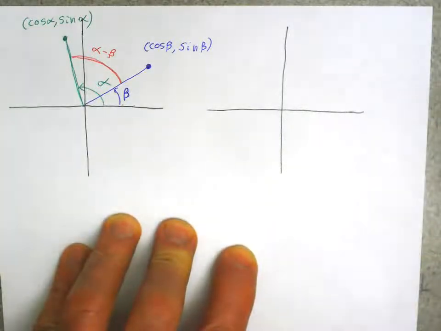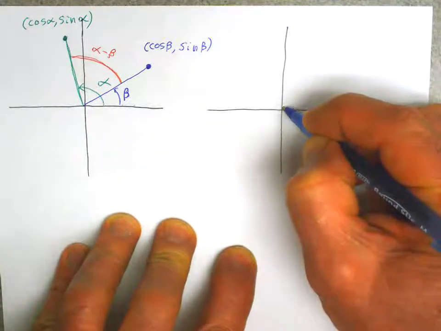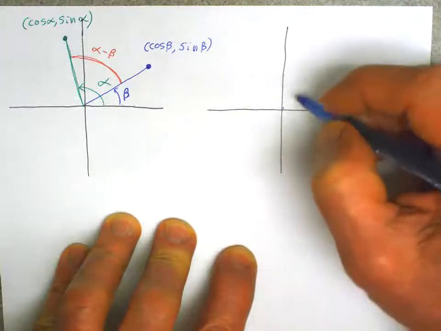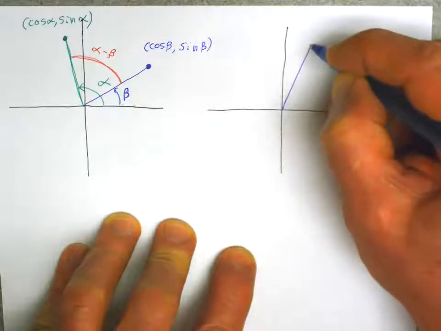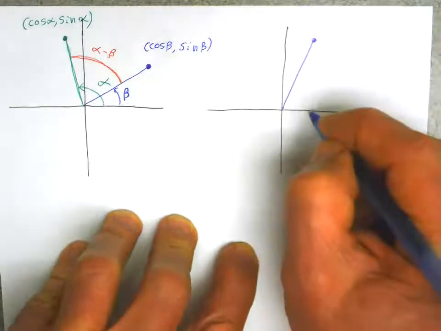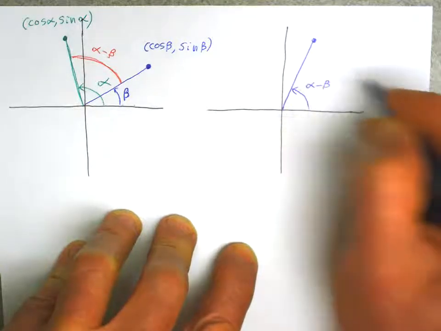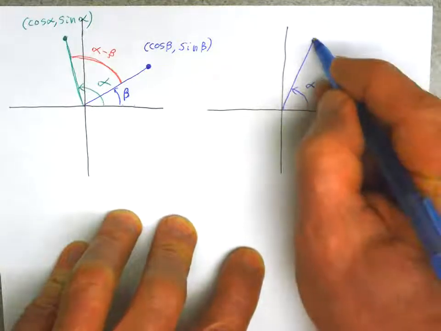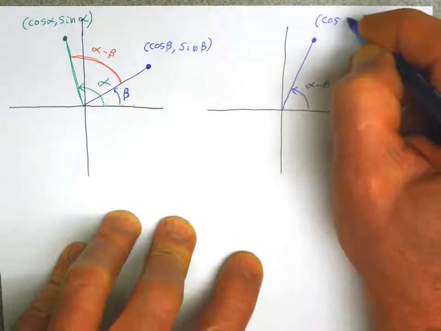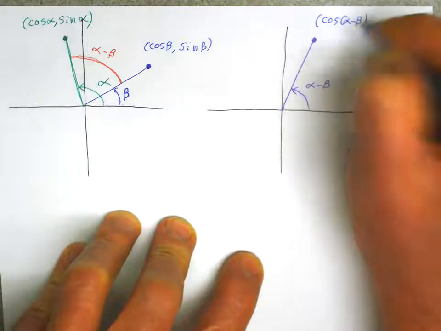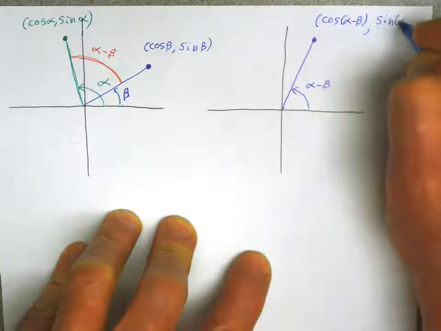So we'll get an angle that looks sort of like this, believable. This could be our alpha minus beta in standard position. And this is a point on the unit circle, so the x-coordinate is cosine of alpha minus beta, and the y-coordinate is sine of alpha minus beta.